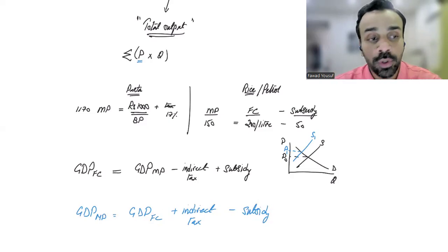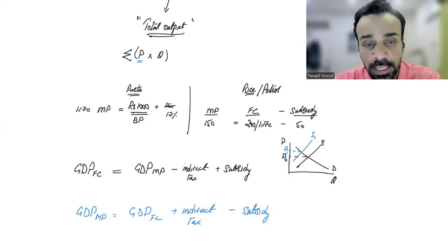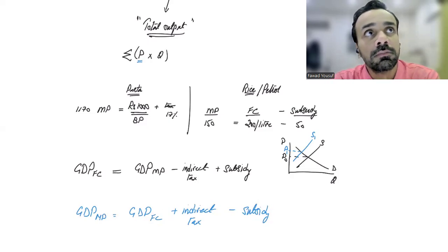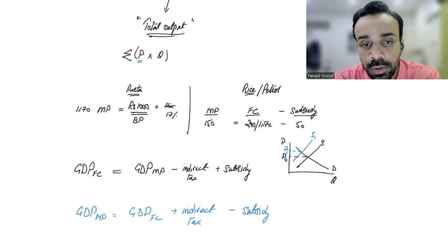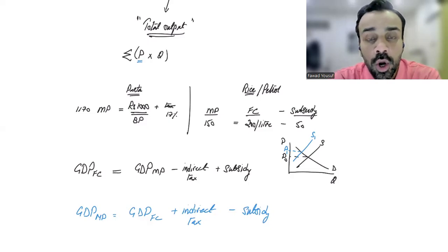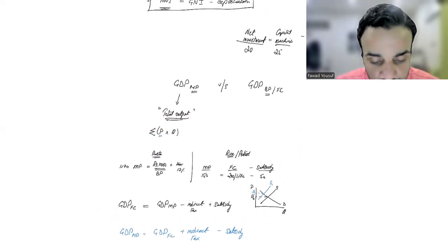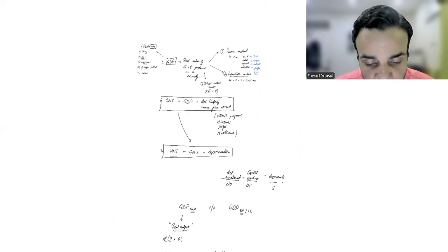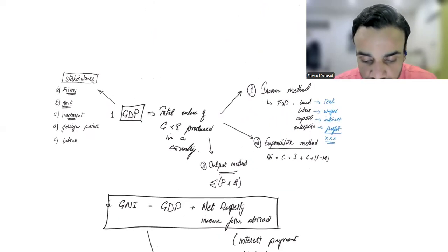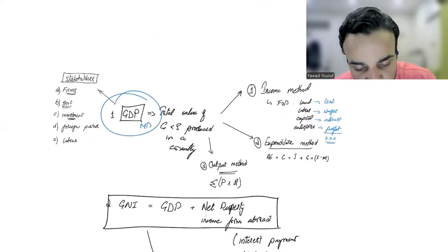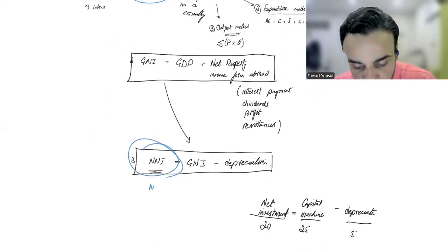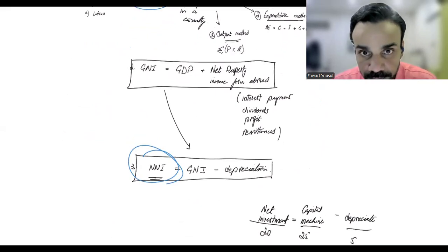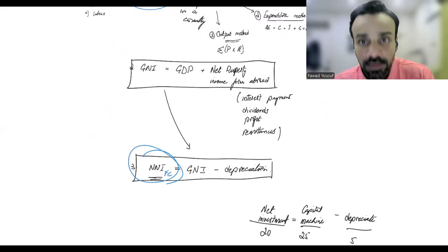अब अगेन वी डोंट नो कि ये किस तरीके से एसेज में आ सकता है, but if I had to give a question, I could ask something like, explain the difference between GDP at factor cost and GDP at market price. Or I can even say something like, tell me the difference between GDP at market price and NNI at factor cost.